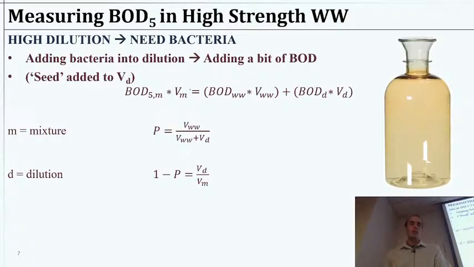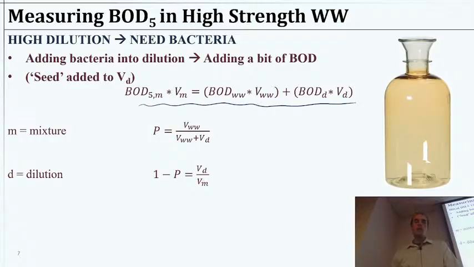The BOD of the mixture, when we do the seed plus the wastewater, is going to be the BOD of the wastewater times its volume that we added, plus the BOD of the dilution water times the volume of it that we added, right? Very simple, very straightforward. We're adding two solutions together, and we're doing conservation of mass on BOD.